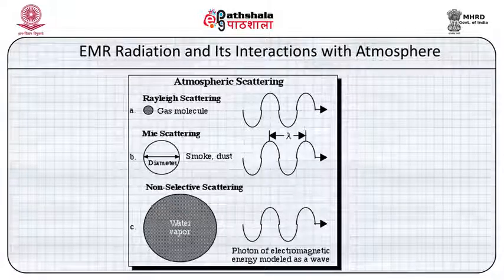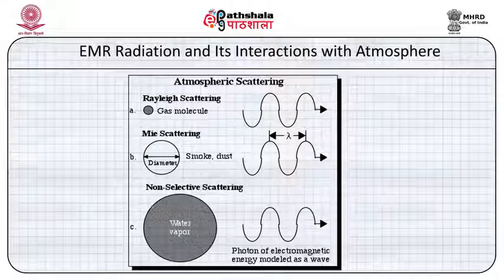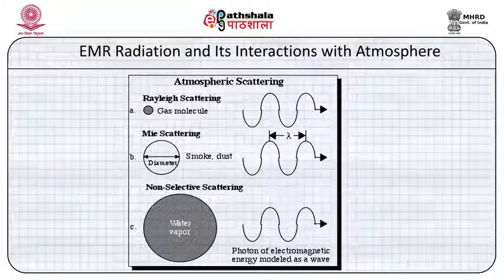The third, the non-selective scattering, is a big circle, and that is water vapor. You do not feel that the particle size of water is so big, but to give you a better understanding, it has been represented as a big circle.